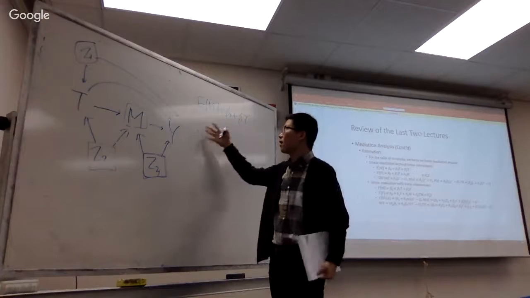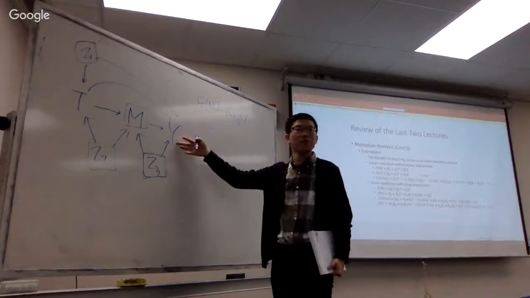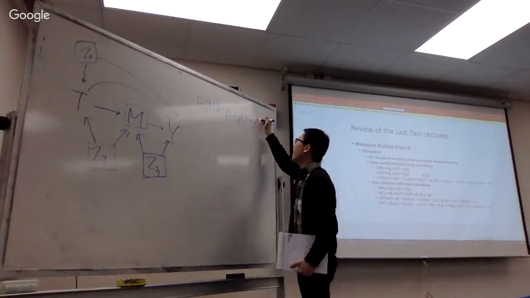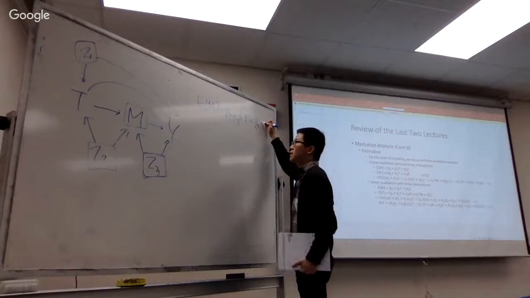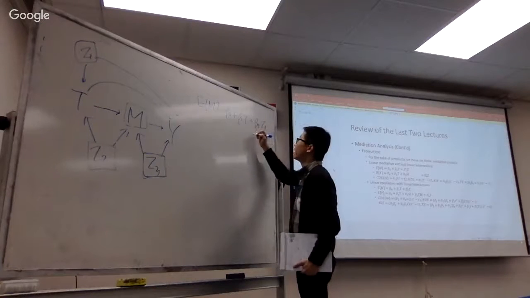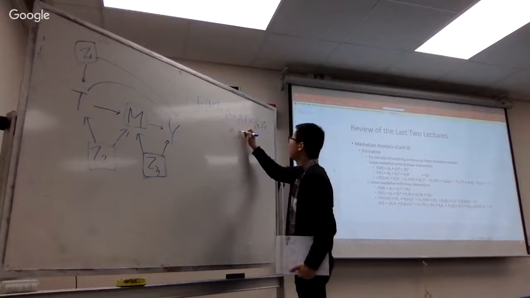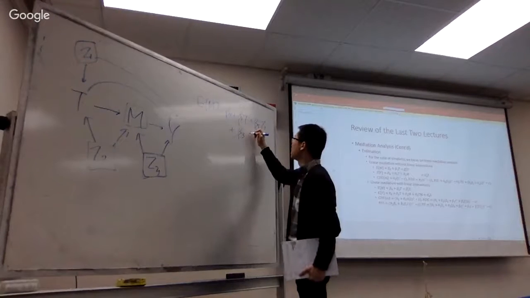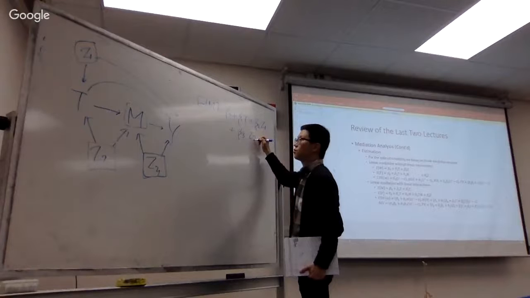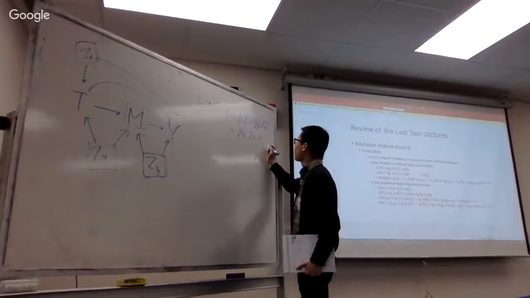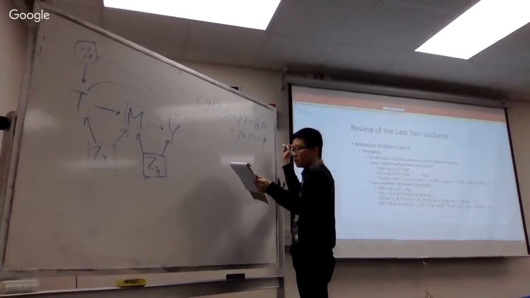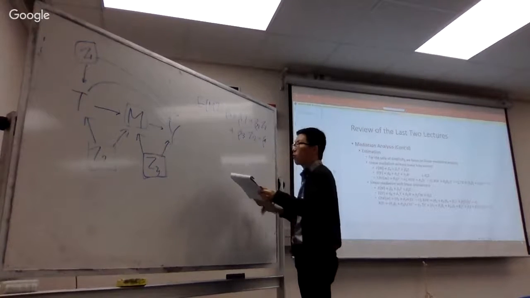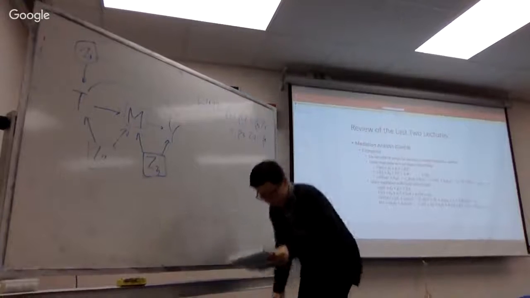To align the equation with this situation, let's write beta 2 Z1 and beta 3 Z2.